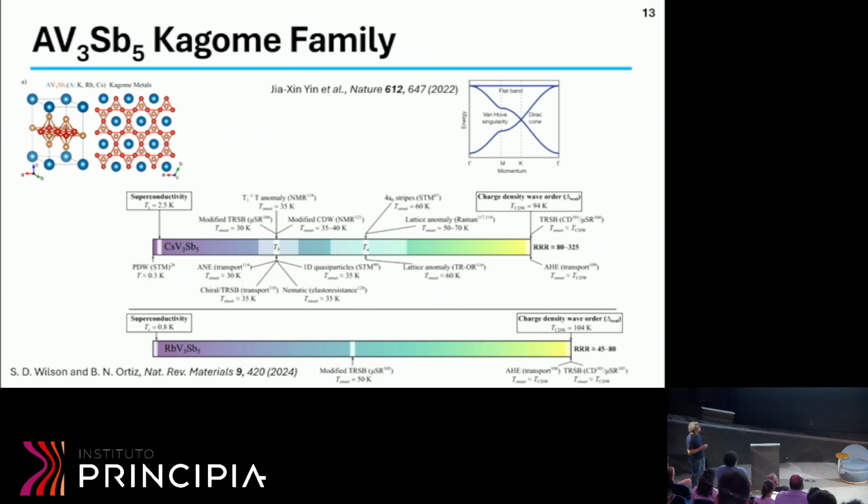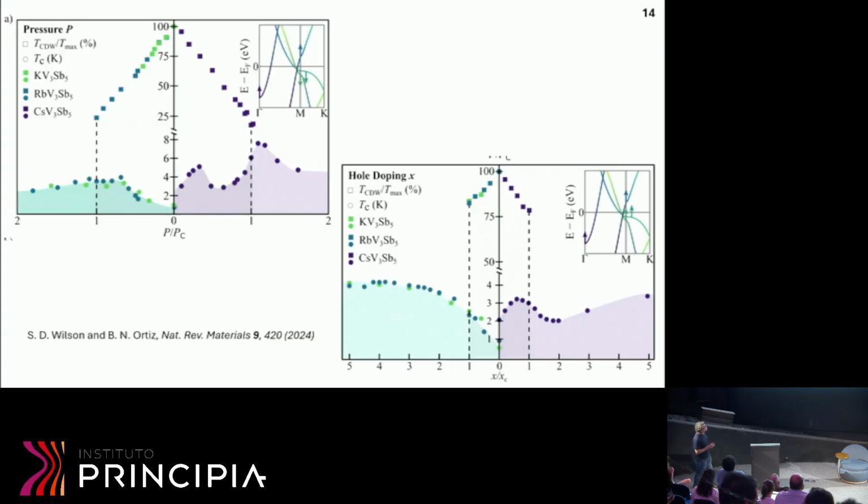Okay, there's the pure cesium compound and the pure rubidium compound, and they present a charge density wave order and superconductivity. Okay, as you pressurize it, one can suppress the CDW and enhance superconductivity. The same is true for doping.